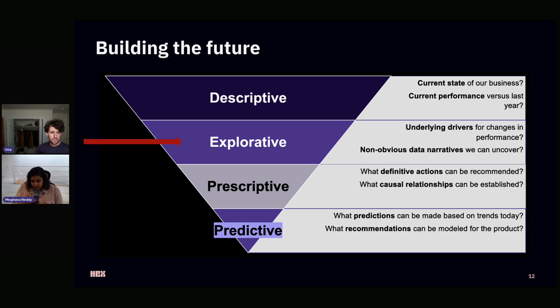The last thing I'll mention there, though, is that tools are only as good as the data that's being put into them and the people who are using them. So part of this movement in our journey from descriptive down to predictive isn't actually just about building great ML models or having more advanced analytic capabilities as a data team.